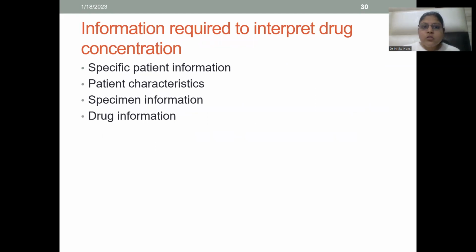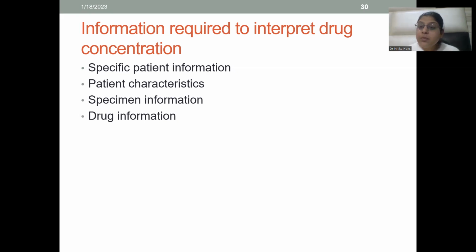The information required to interpret drug concentration includes specific patient information: what is the age, the gender, and the weight of the patient. So we note the body weight of the patient. These will affect the drug concentration levels in the body. Patient characteristics: if the patient is suffering from any cardiovascular disease, renal disease, hepatic dysfunction, or has any alcohol intake or smoking, that can affect the drug concentration.